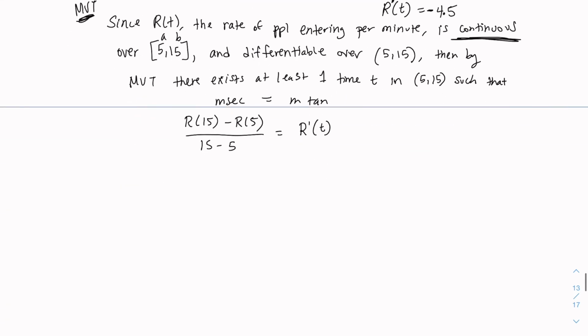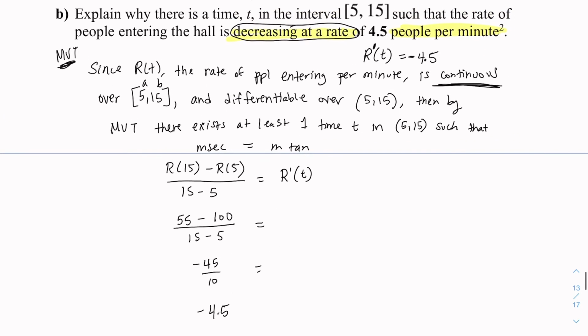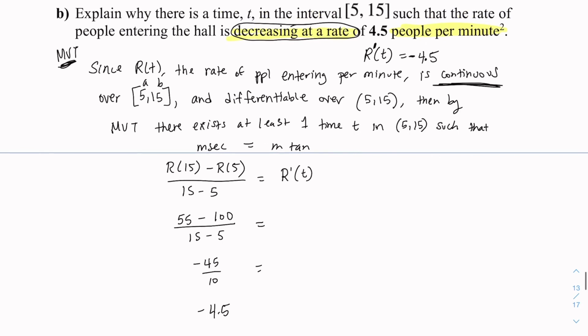So r of 15 was 55, r of 5 was 100, over 15 minus 5. That would be negative 45 over 10, which is negative 4.5. And they said, prove that there is a point where r prime of t equals negative 4.5, and indeed, we have shown that.